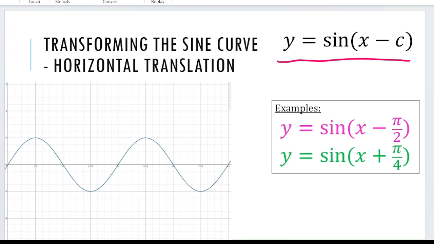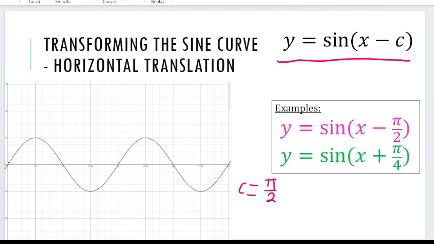So, for example, in our first one, we have y equals sine of x minus pi on 2. So that means that our c is equal to pi on 2. What that means is that we need to move our whole function to the right by pi on 2.